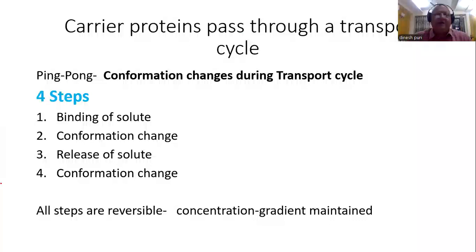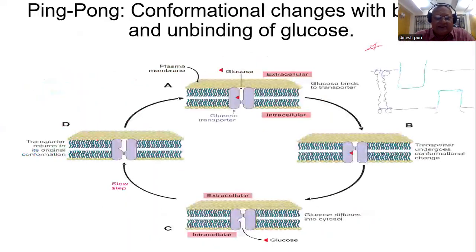First, carrier proteins. Carrier proteins pass through a transport cycle during which there are conformation changes. It oscillates between two conformational states, as we are going to see, and that is appropriately called the ping pong reaction. There are four steps: binding of solute to the transporter, and the transporter undergoes conformation change, as we can see here.